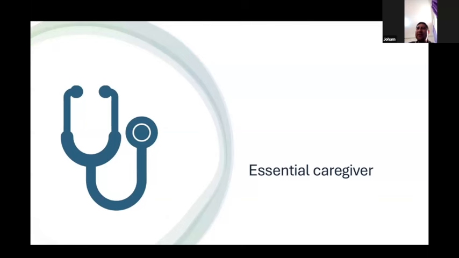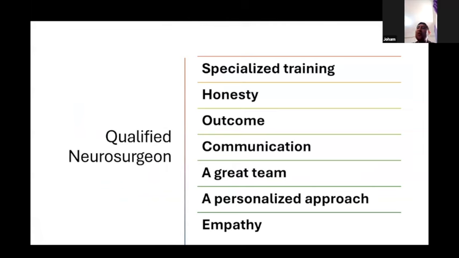However, as in any institution, the essential caregivers for all neurosurgical patients are the neurosurgeons. So next, please. We also had to make our team a qualified team, because in neurosurgery the most important aspect is to have a qualified neurosurgeon.